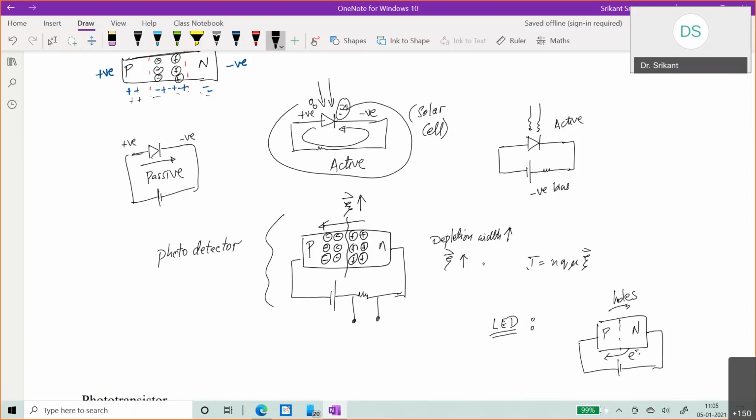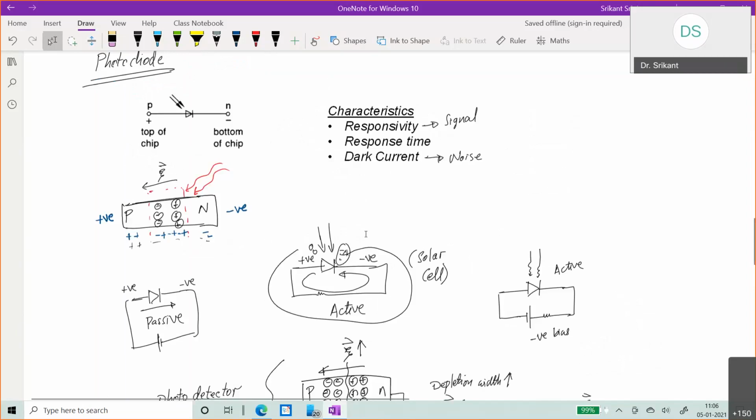Now what happens when you have a light emitting diode, then you have the special case that these electrons and holes can recombine, and when they recombine they'll shine light. So those electrons and holes will recombine and give out light. That's what is a light emitting diode. So it's the exact opposite process of the photodetector, where light is shining into the diode and it is generating carriers.